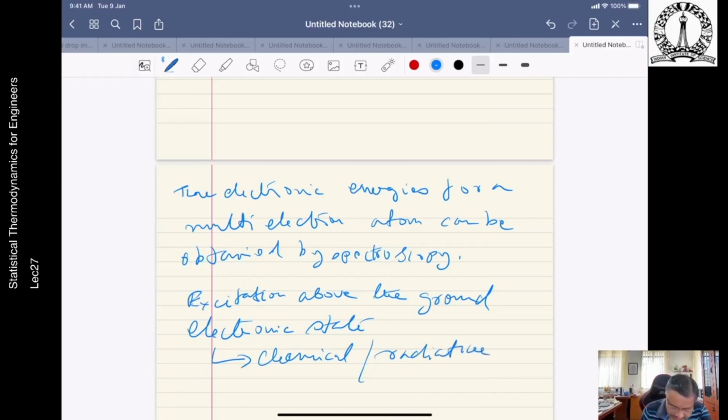What it does is that it takes a valence electron and promotes it to a more energetic subshell.